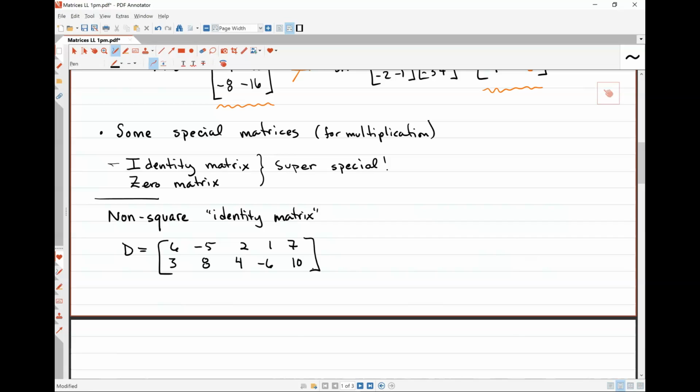I want to take the product of this matrix with this matrix. This isn't a square matrix, so there's not a matching size square identity matrix, but I want to make something that's conformal with this matrix for multiplication. So what is this? This is a 2 by 5.